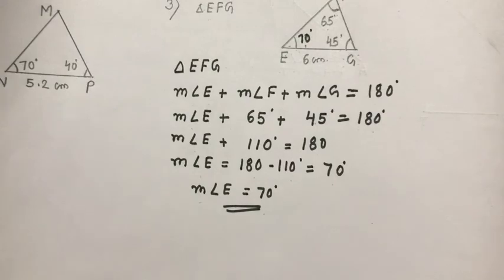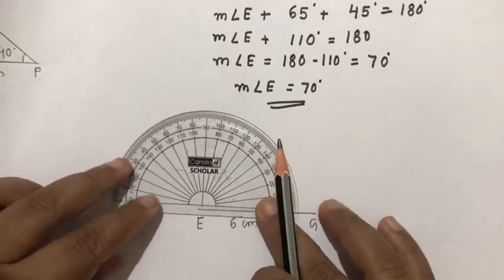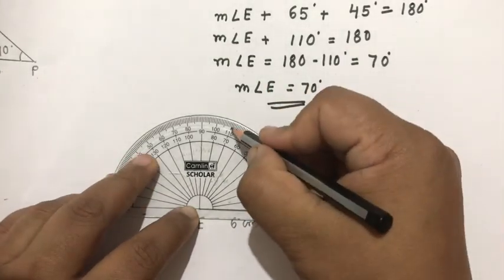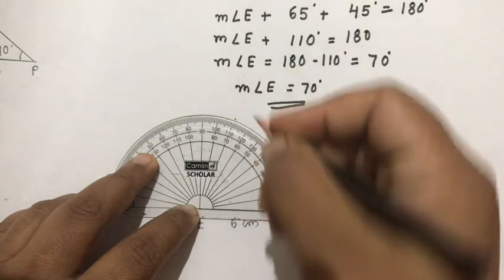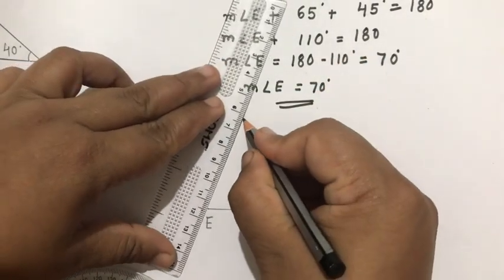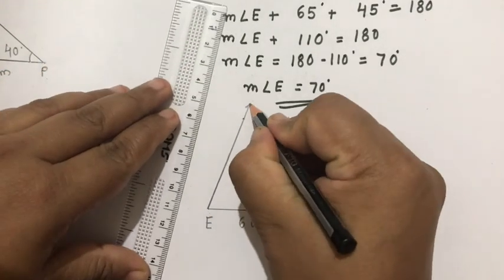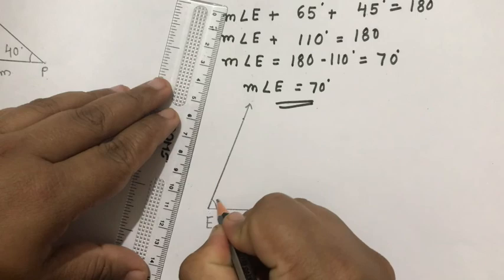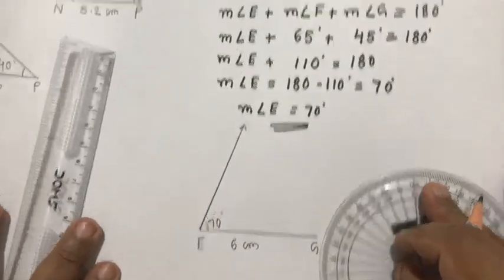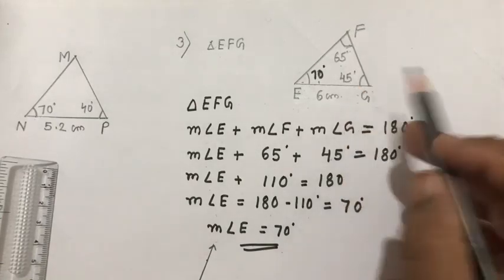Take your protractor, mark 70 degree. Draw a ray. It is 70 degree.